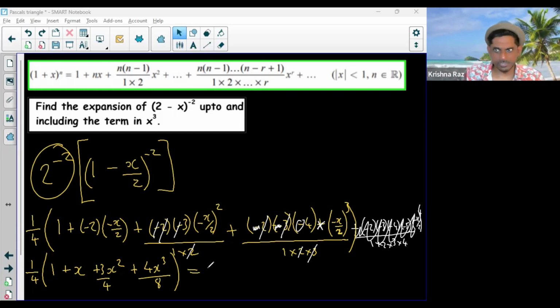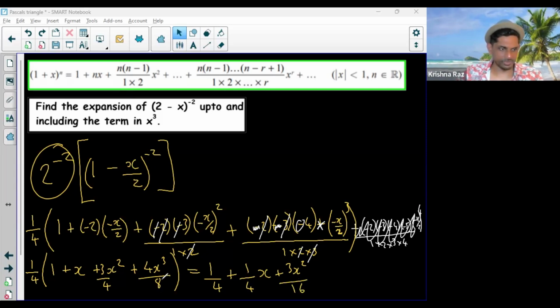So we've got a quarter plus a quarter x plus 3x squared over 16. And then obviously 4 over 8 is a half, and a quarter times a half is an eighth. Boom. So I only wanted up to the x cubed term, so that's it.